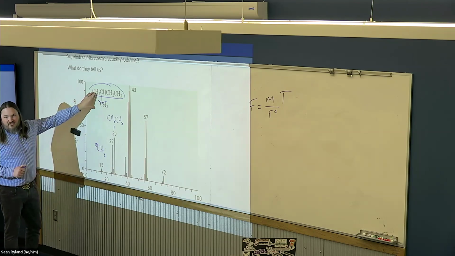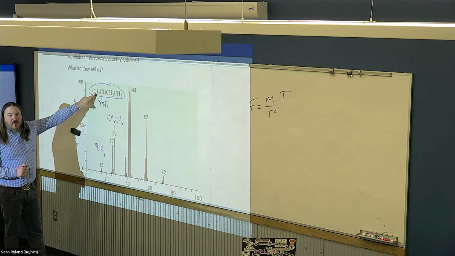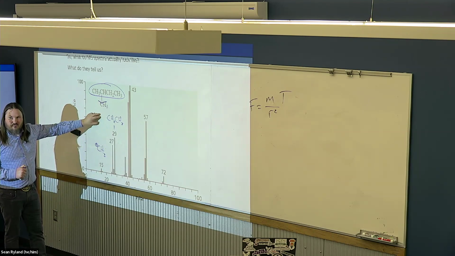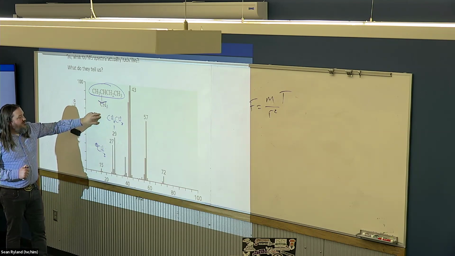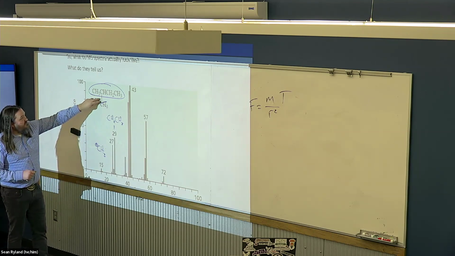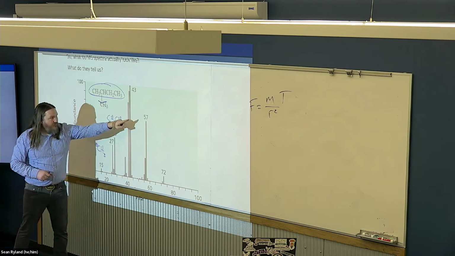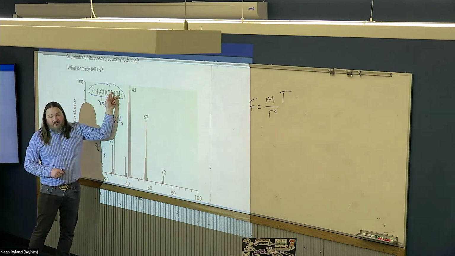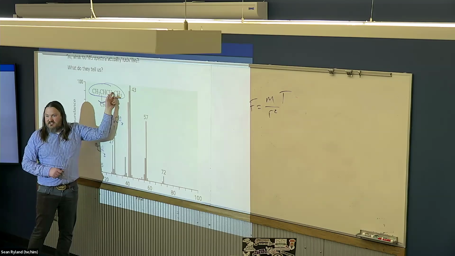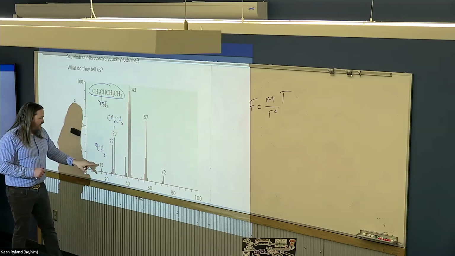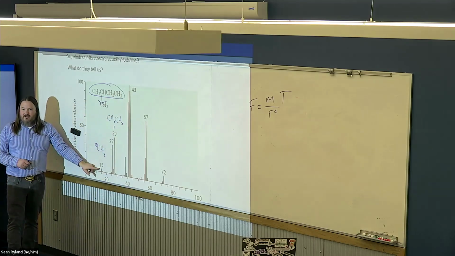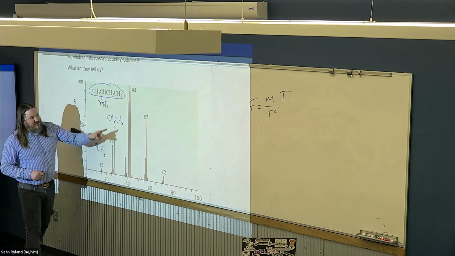But it's a bigger deal to have a full charge. So you're going to make more stable carbocations and less stable radicals for the most part. That makes sense. So most of the time, the 57 fragment keeps the charge and the methyl gets the radical. But some of the time it goes the other way, and the methyl keeps the charge and the 57 is a radical.